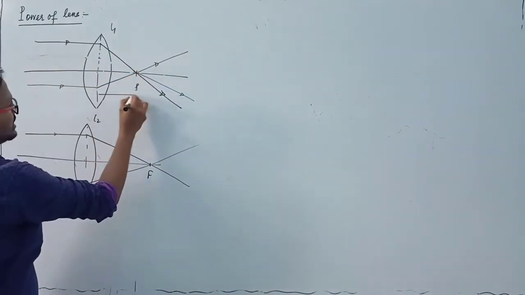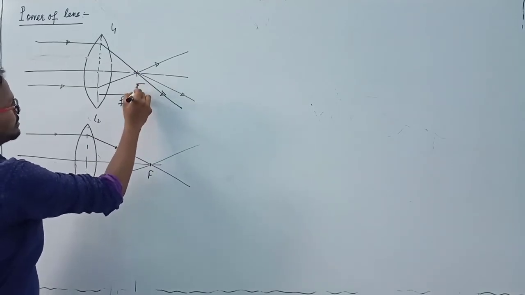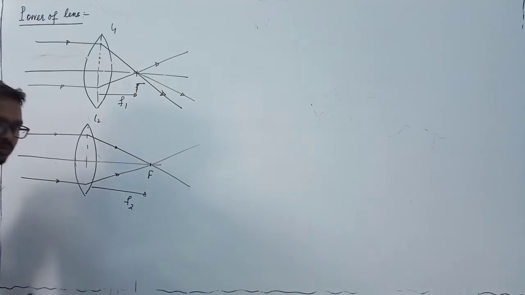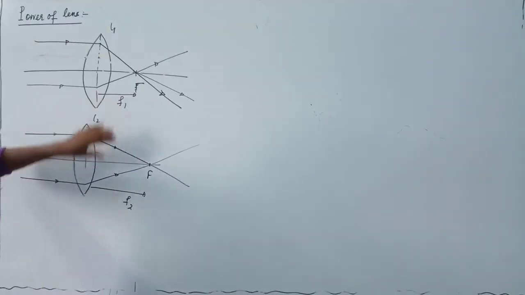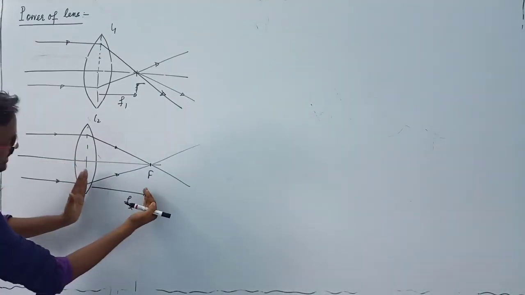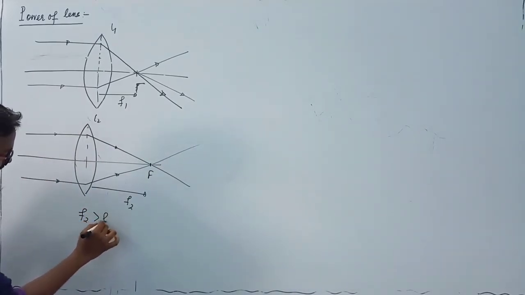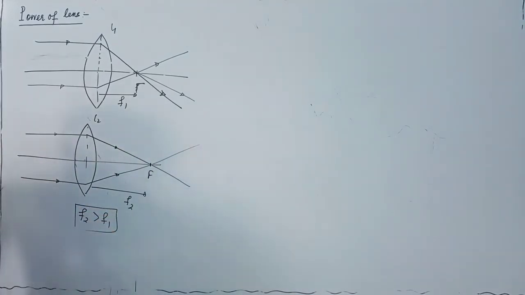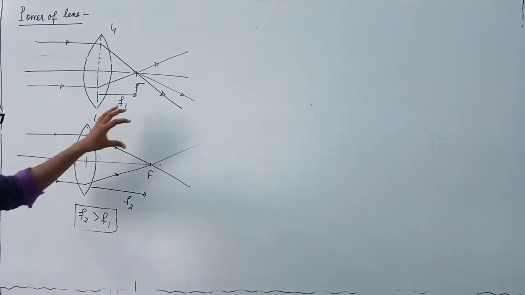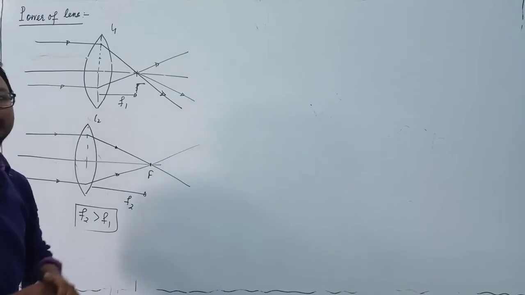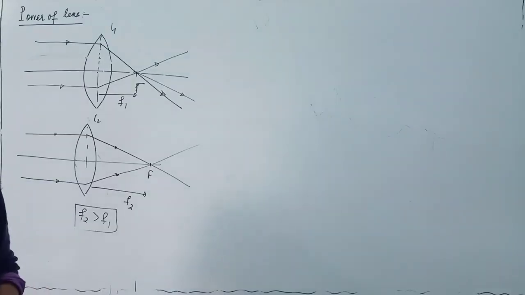This is the focal length. Suppose here the focal length is F1, this is the focus point, and this focal length is F2. Now which focal length is maximum? This focal length is greater compared to F1. That means here F2 is greater than F1. So which lens has more capability to bend the rays towards the principal axis?